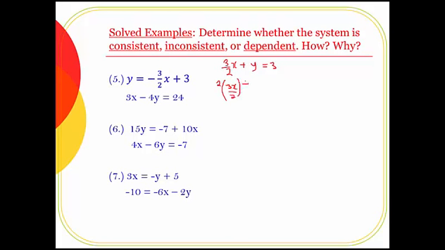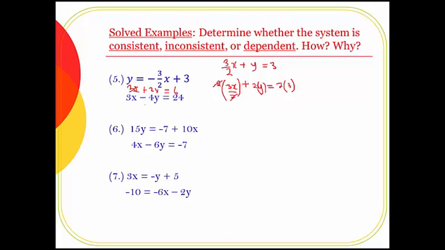So you can go ahead, multiply by the LCD. 2 times y equal to 2 times 3. So this equation is now 3x plus 2y equal to 2 times 3 is 6.